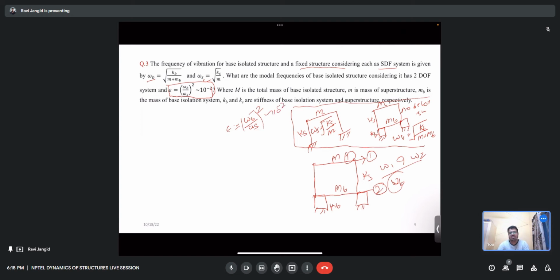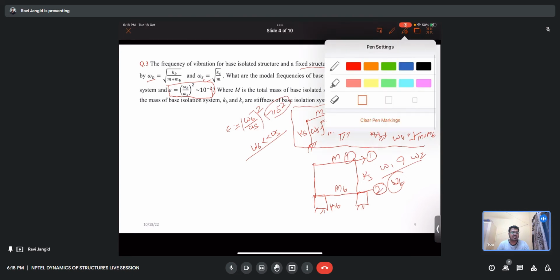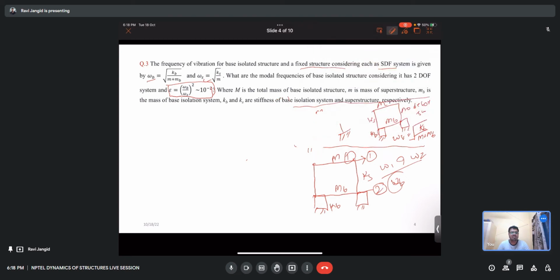Okay, means the frequency omega b is very much less. Omega b is less than omega s, so the ratio would be in the order of 10 raised to power minus 2. And there are other things also given, that m is the total mass of the base isolated structure.